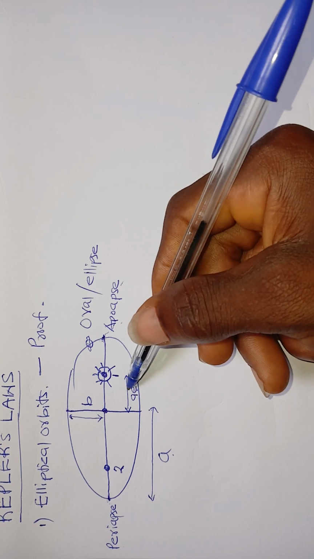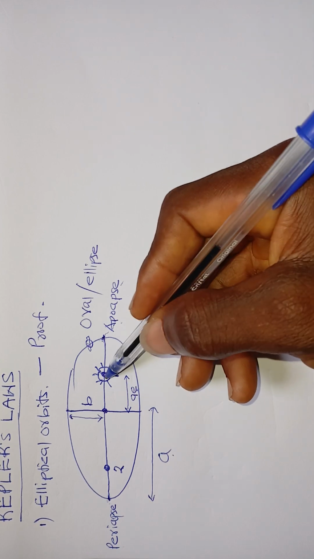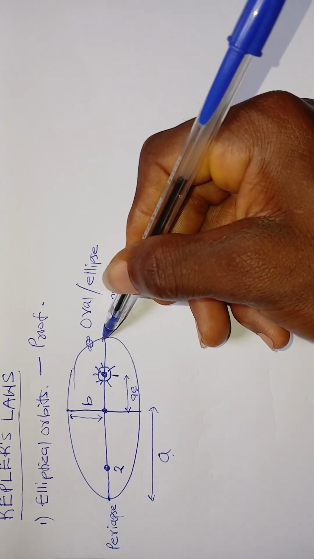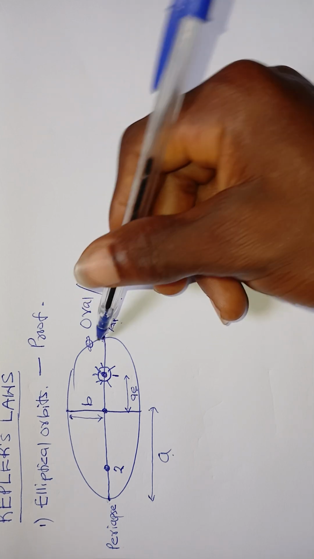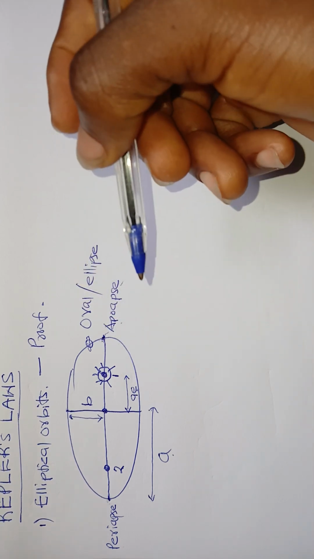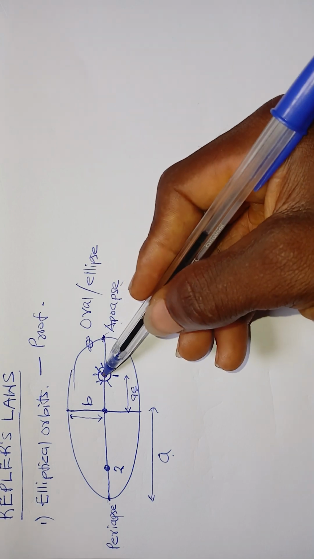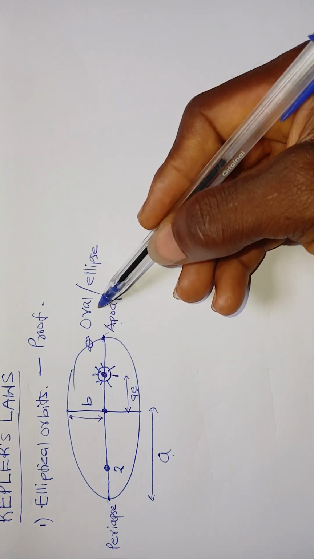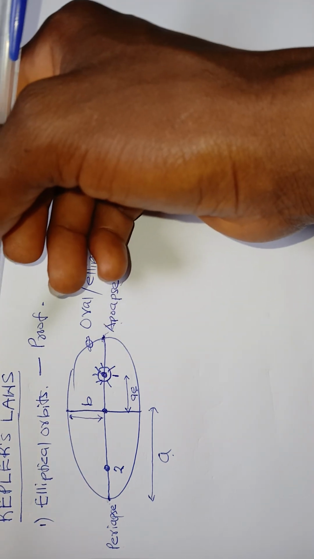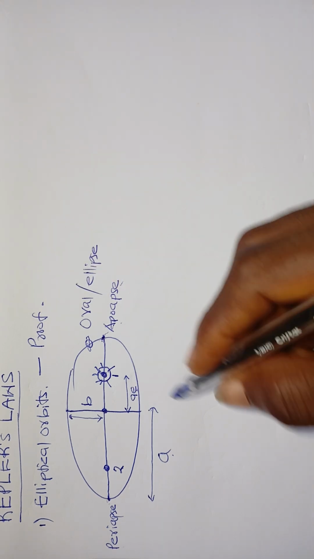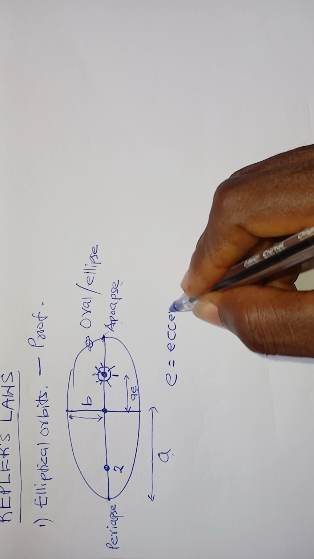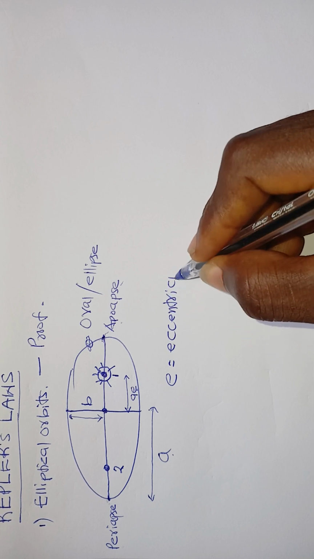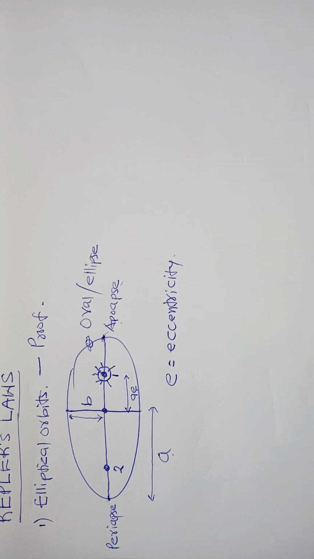If e is equal to 1, that means the sun is located here, and we call it a parabola. If e is greater than 1, that means the sun would have been outside the ellipse, and we call that a hyperbola. So e is called the eccentricity of the ellipse, and that defines the conic section.